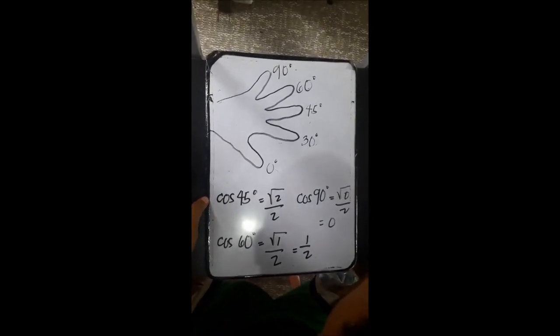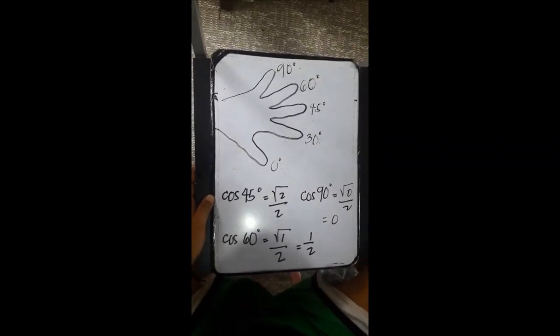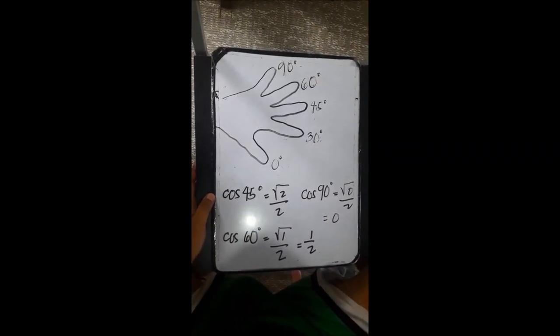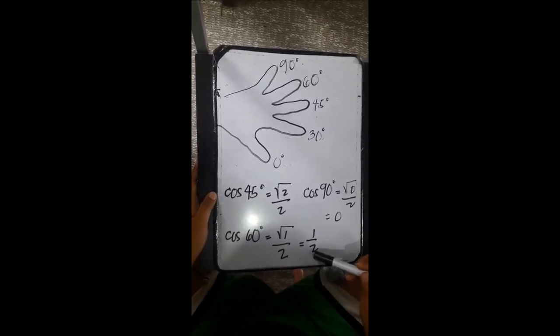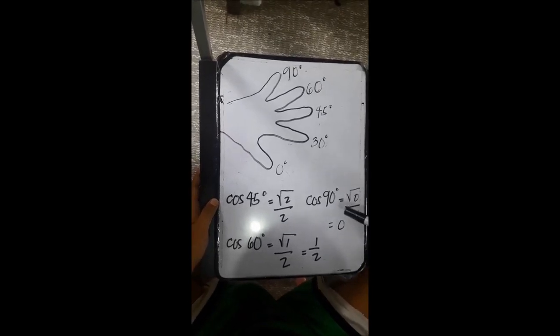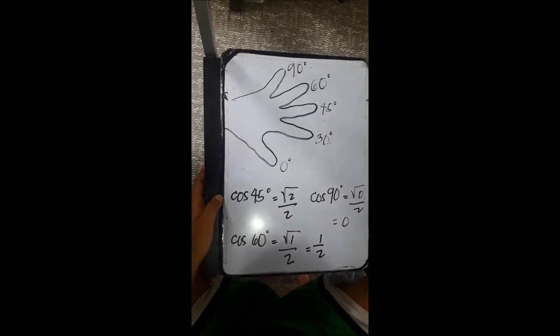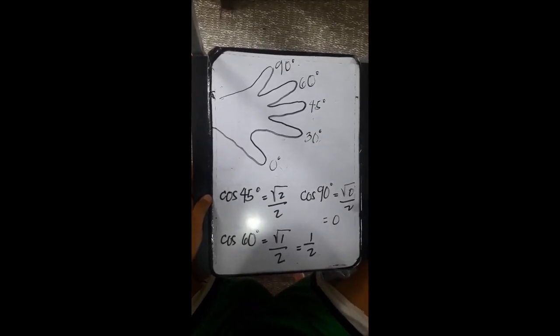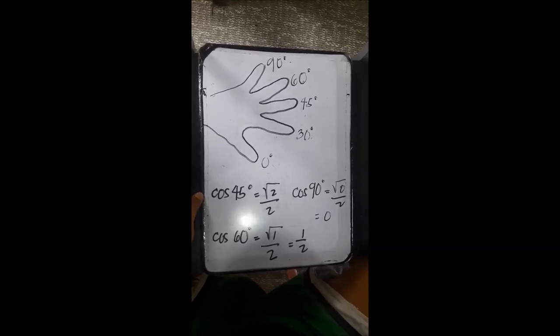And for our cosine 60, that's only one finger above our ring finger. So we have square root of 1 over 2, or that's equal to 1 half. And finally, for our cosine 90, since there is no finger above, we put square root of 0 over 2, and that's simply 0.